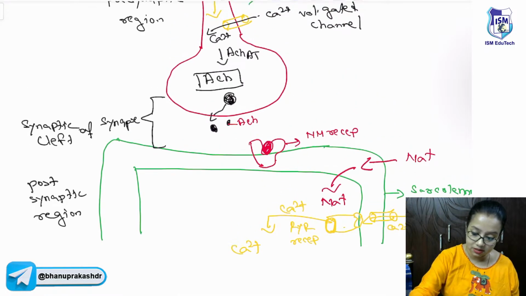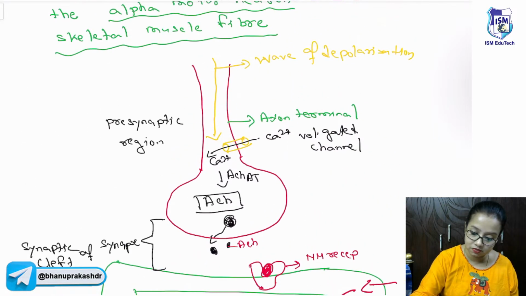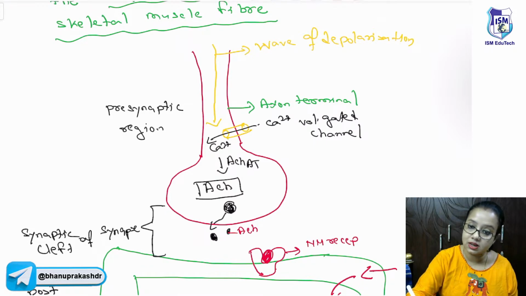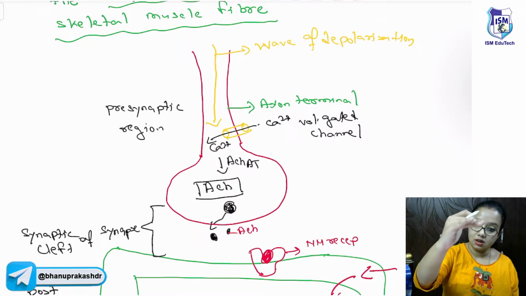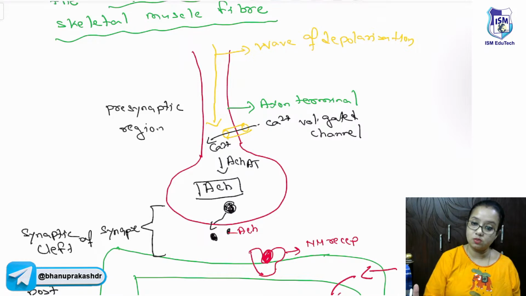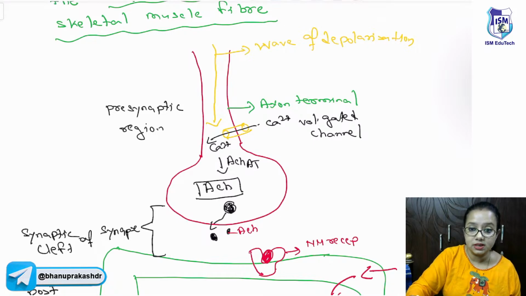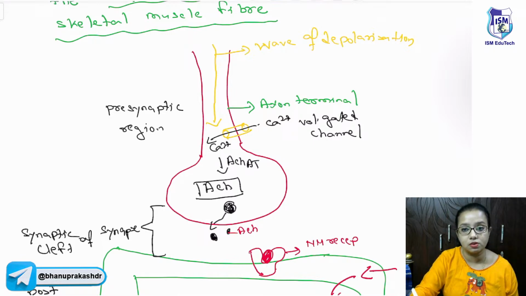So, very briefly I repeat, then we will move on to the other parts of it: the wave of depolarization from the neuron along the axoplasm comes to the axon terminal. When it comes to the axon terminal, it opens the voltage gated calcium channel. When the voltage gated calcium channel is opened, immediately acetyl-CoA is formed by acetyl-CoA transferase.